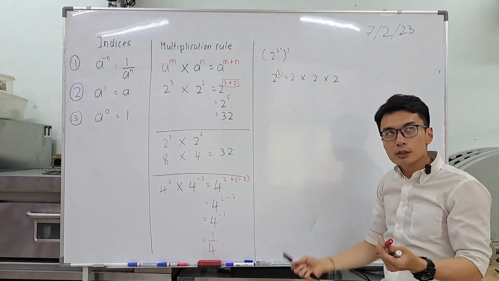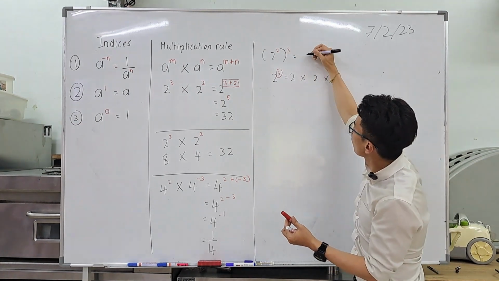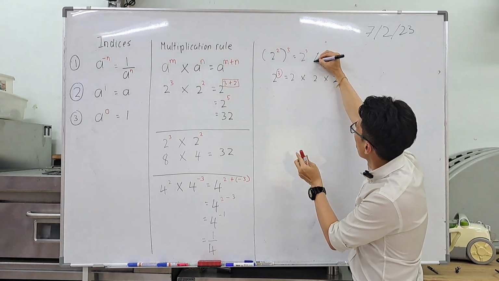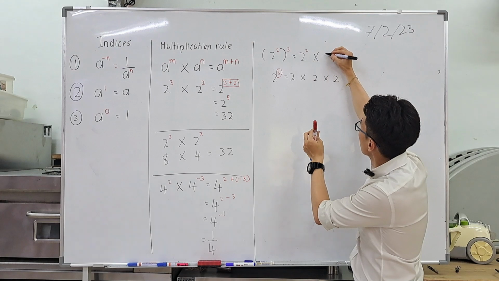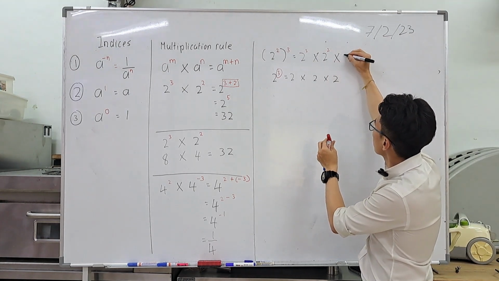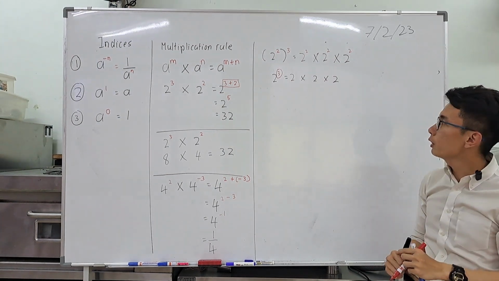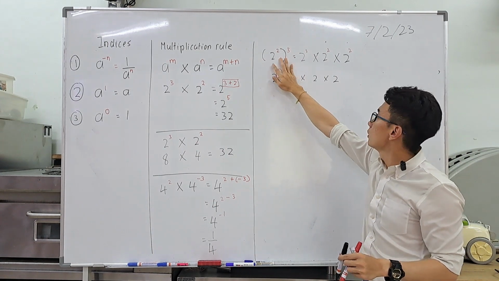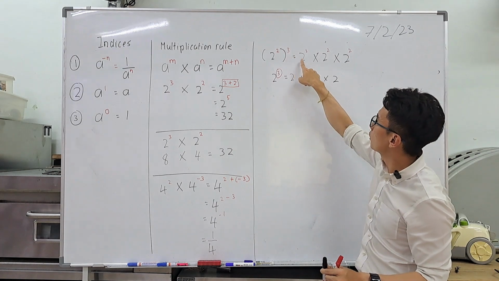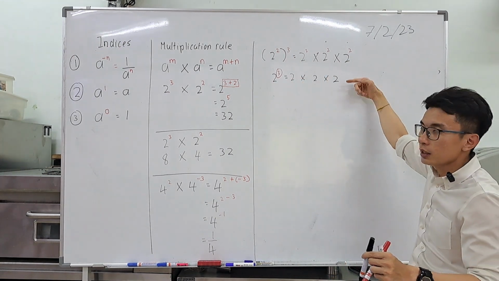So we can write this down as 2 square multiply by 2 square, and multiply again by 2 square. Can you see what happened? I expanded this, since there are three of them, so I multiply by itself three times. Looks similar to this, and that's how I relate it.